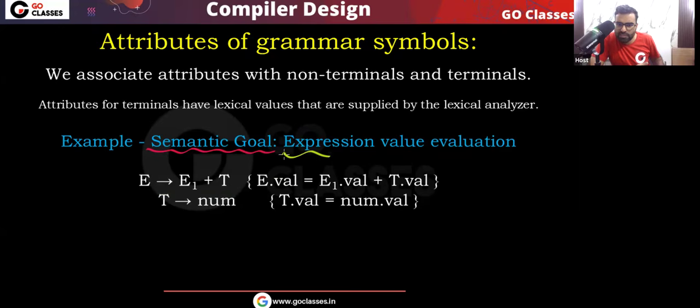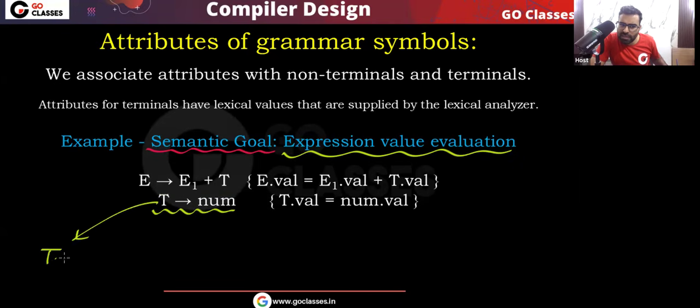Our purpose is to evaluate the expression value. First of all, with this non-terminal T, I will associate the attribute val, and similarly with this terminal num, I will associate this attribute val.